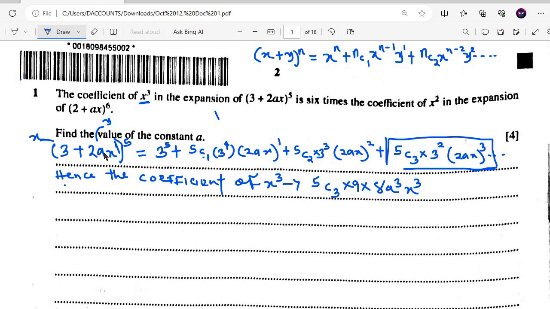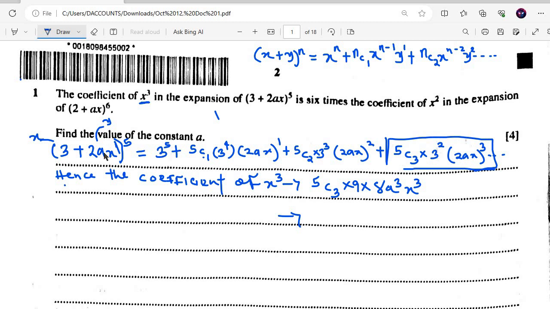Let's do the math. 5C3 gives us 10, times 9 times 8, we have 720.